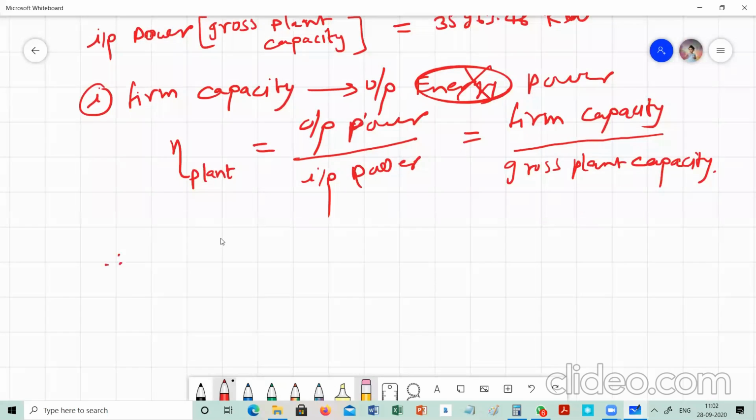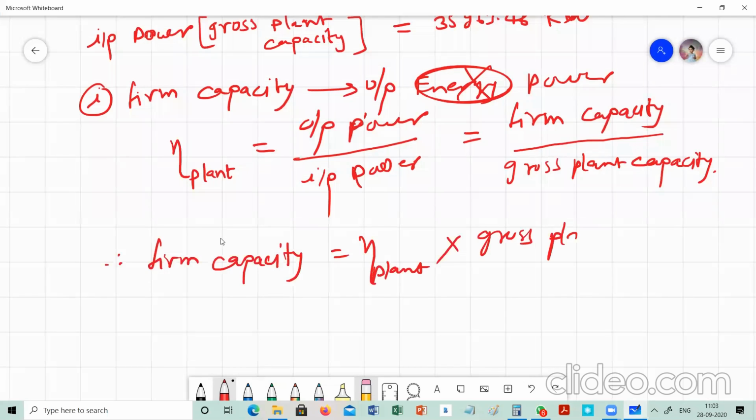Therefore firm capacity is equal to eta plant into gross plant capacity.